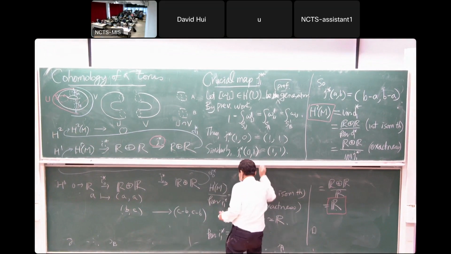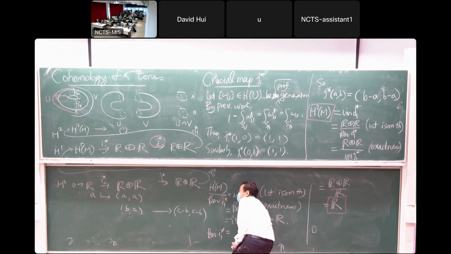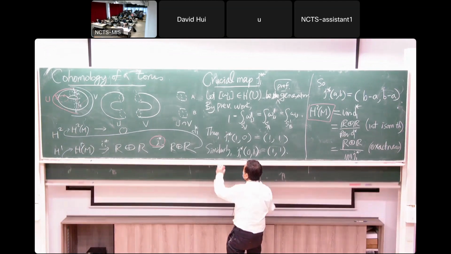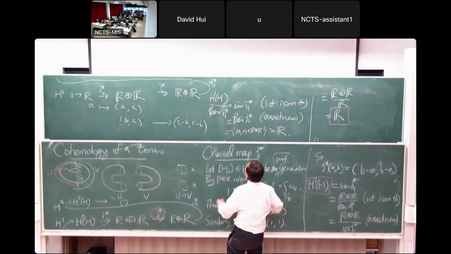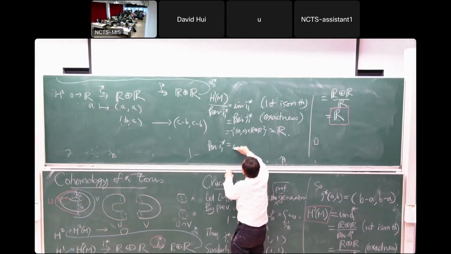Kernel of I1 star is the image of D0 star.